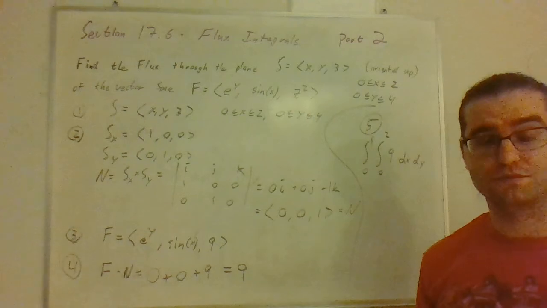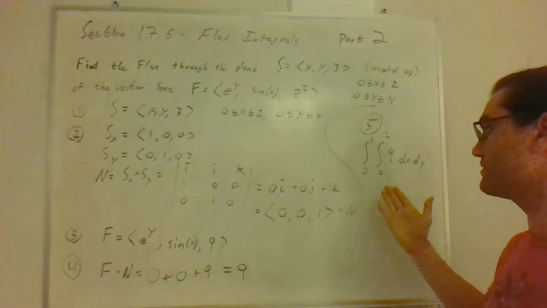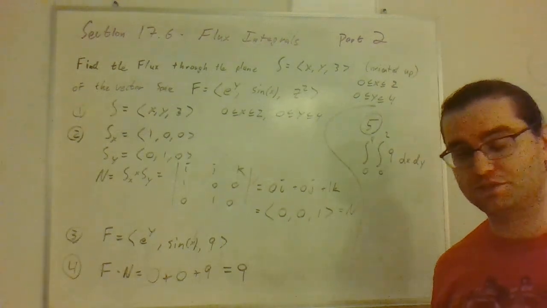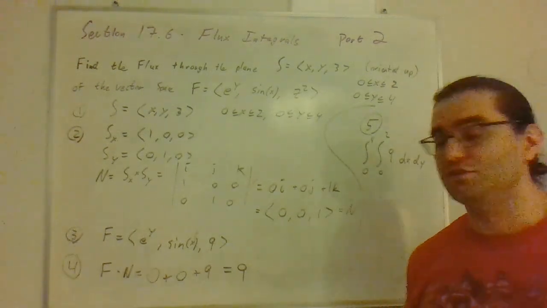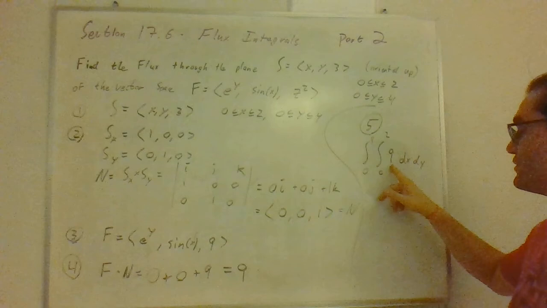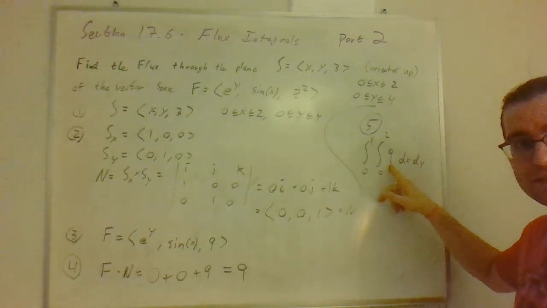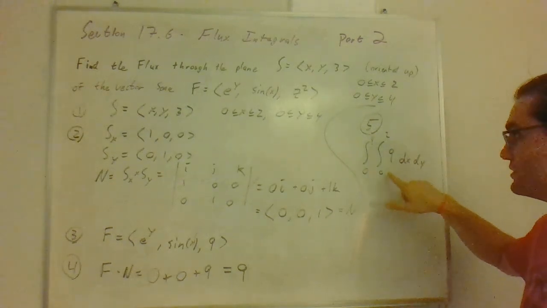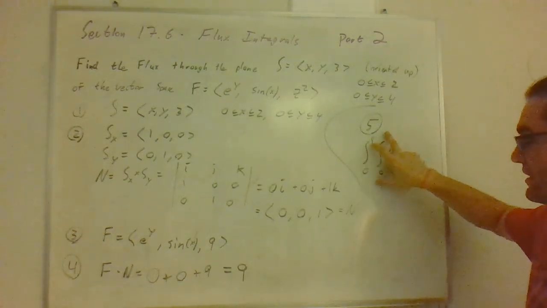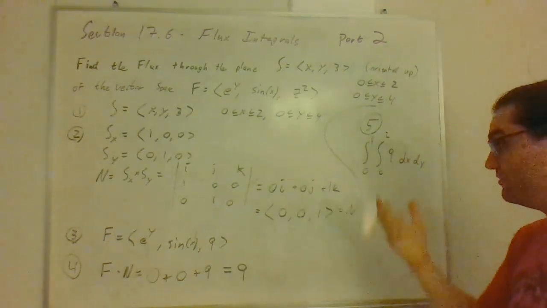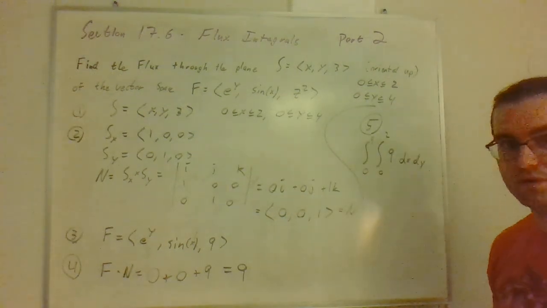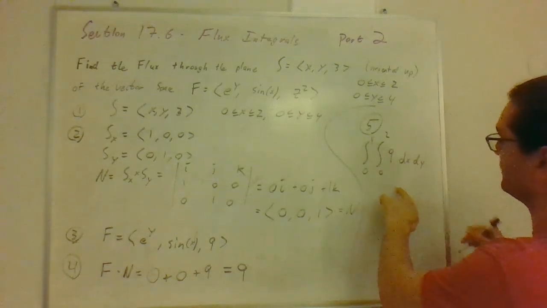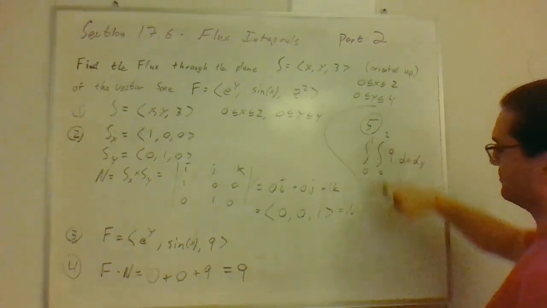Here's the good news. If you're really dreading the part where we do double integrals and you hate it and you wish it would go away, the good news is this. If you're integrating a constant over an area, you can just multiply the constant by the area. If you do this integral out, which you are welcome to verify on your own, you're going to multiply the 9 by 2, and then by 4.